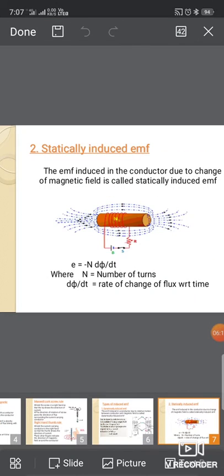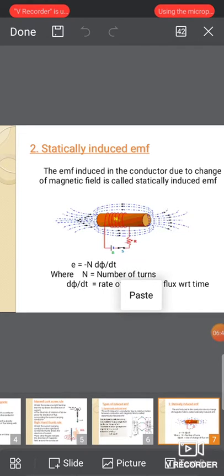Next, statically induced EMF. The EMF induced in the conductor due to change of magnetic field is called statically induced EMF. Consider a coil having n number of turns connected to a supply. Due to the current flowing through the coil, flux will be produced surrounding the conductor.